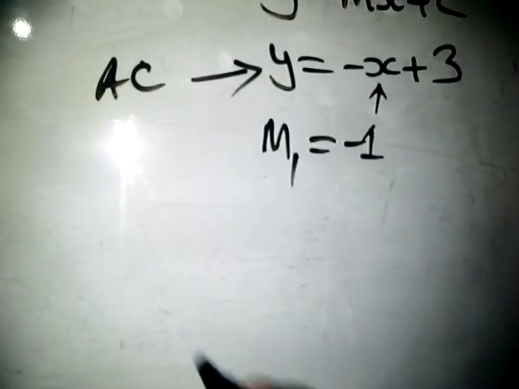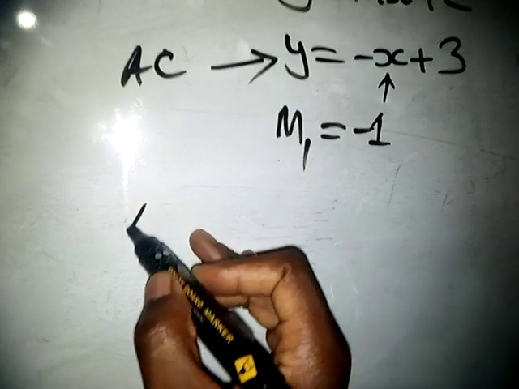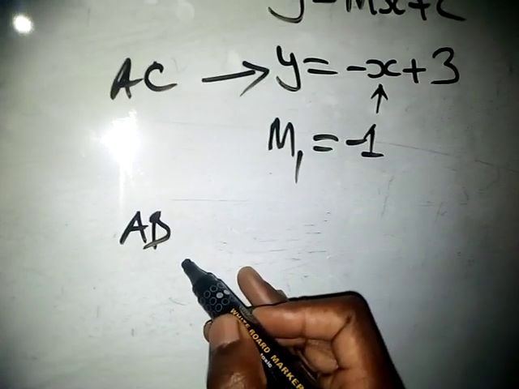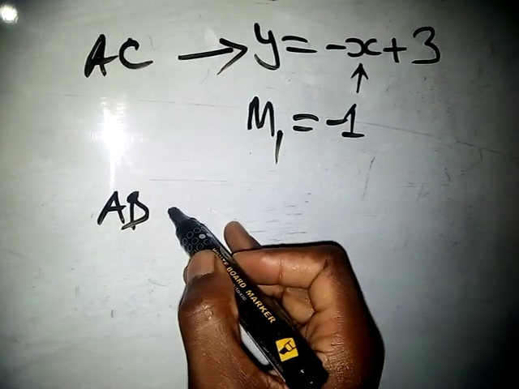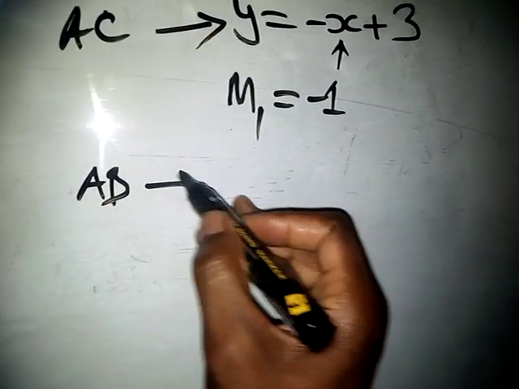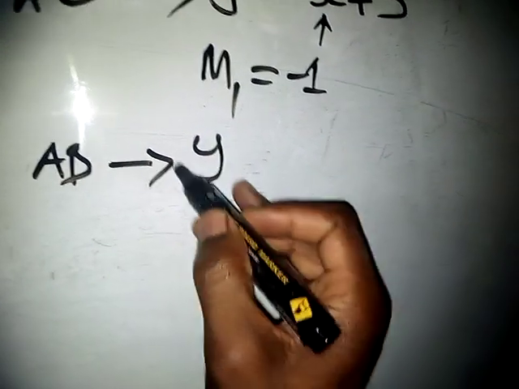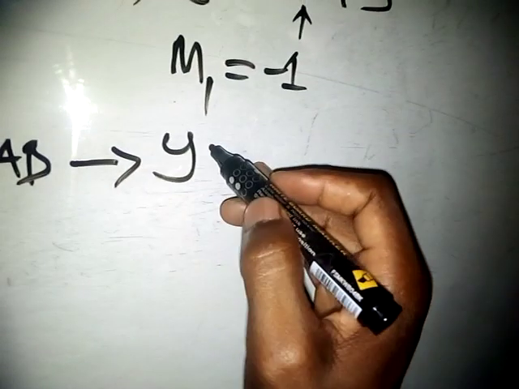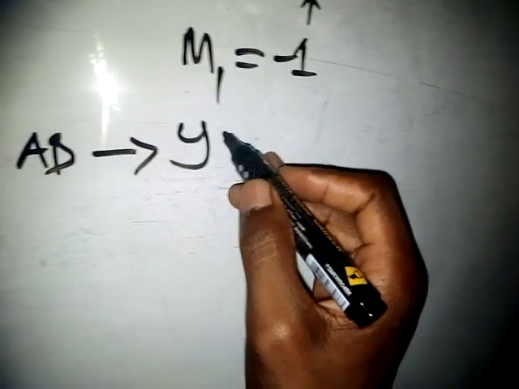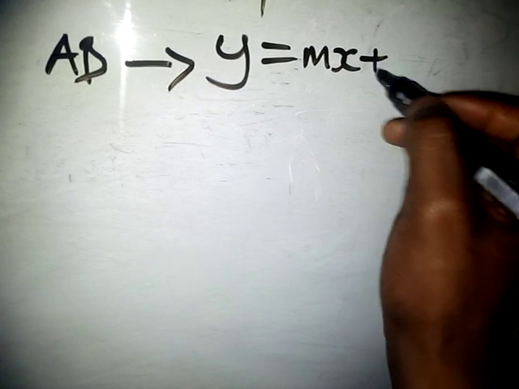Now remember, we want to find the equation of line AB. Okay? So we know that the equation of line AB will be obtained from the same standard form of the equation of a straight line, which is y equals mx plus c.